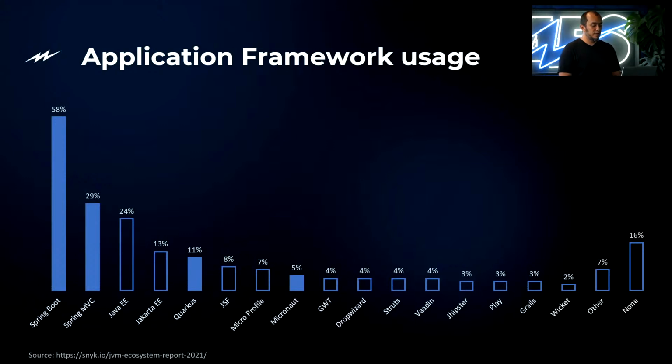It's not that much, but if we look at the right part of the chart, we can see Play Framework and Grails. They are much older than Micronaut, and they are at 3% use. So yes, it's quite expressive for a new framework already to have 5%. And we also can see Quarkus with 11%, so much bigger than Micronaut. But the focus here is Spring and Micronaut.